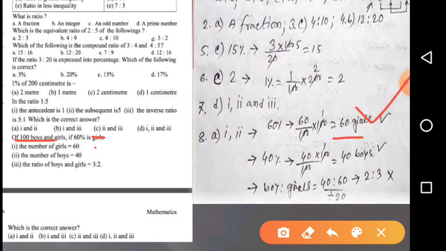As there are 100 students, 40% boys is equal to 40 boys, so it is also correct. The ratio of boys to girls is 3:2, which is invalid because boys to girls equals 40 to 60. That means 2 to 3, but here it is 3 to 2, so it is invalid. So the correct answer will be A. That means 1 and 2.